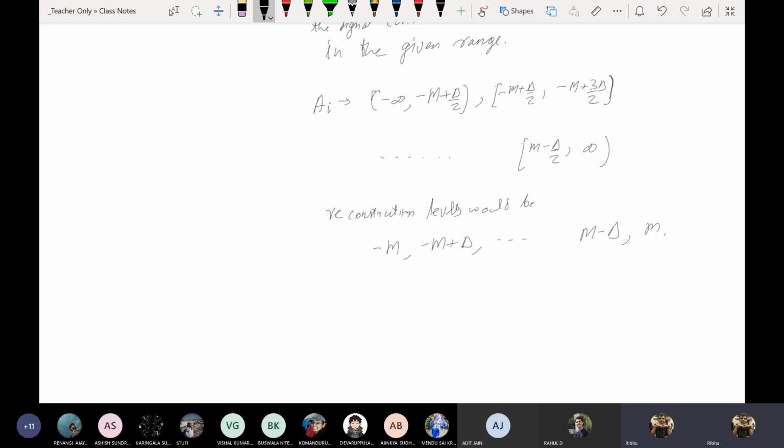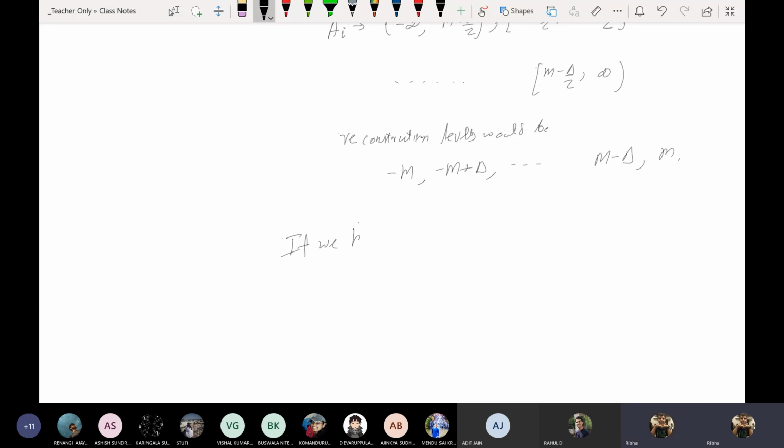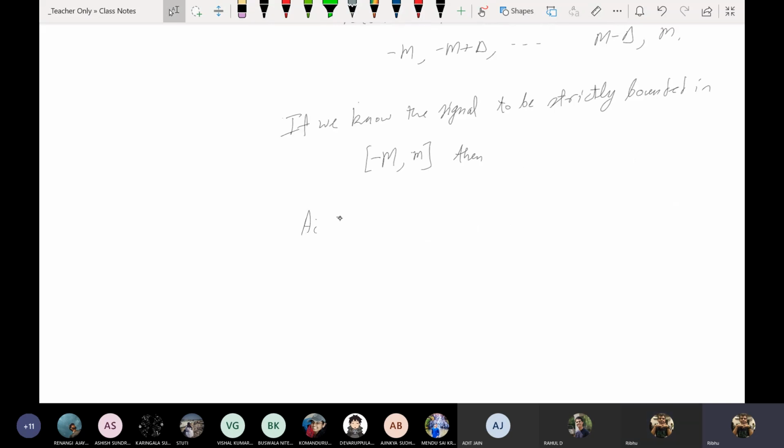It all depends. If the signal is bounded between minus m and m, then optimality would ask you, if we know the signal to be strictly bounded, then the intervals are minus m to minus m plus delta, up to m minus delta.